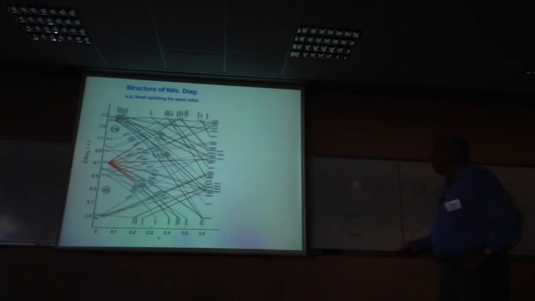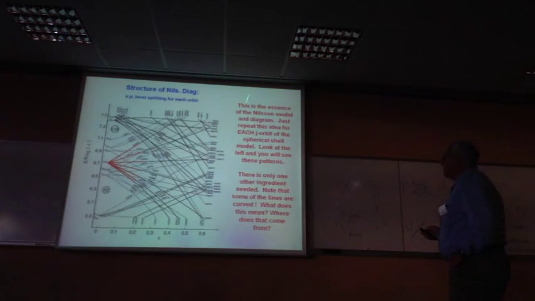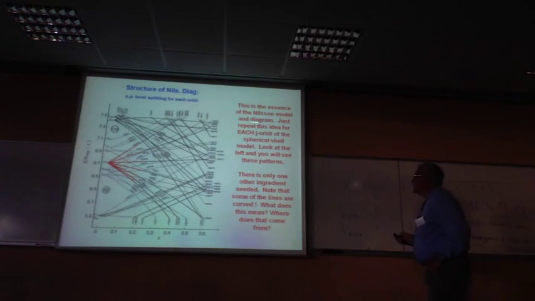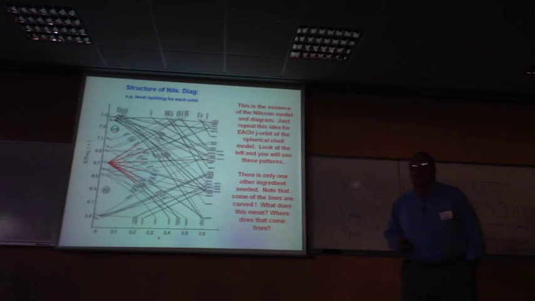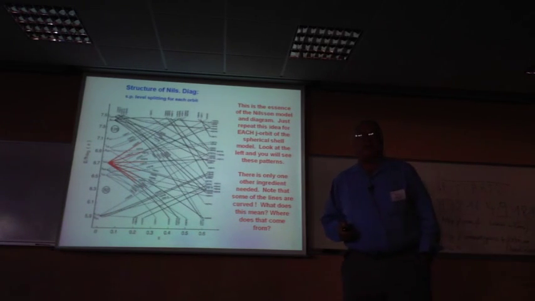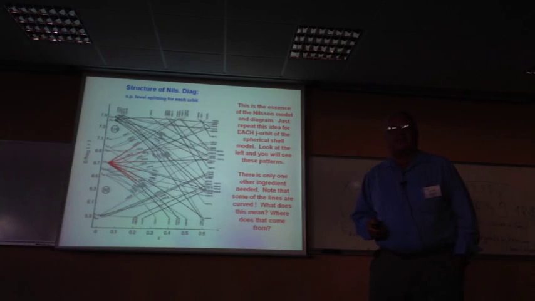Okay? All right, so this is the essence of the Nielsen model. You just repeat this idea, as I've said already, for each j orbit, and you see these patterns. Now there's one thing that's missing, as you pointed out in your question. Some of the lines are curved. What does that mean? Where does that come from? Anybody have an idea where that could come from? Fancy calculations?